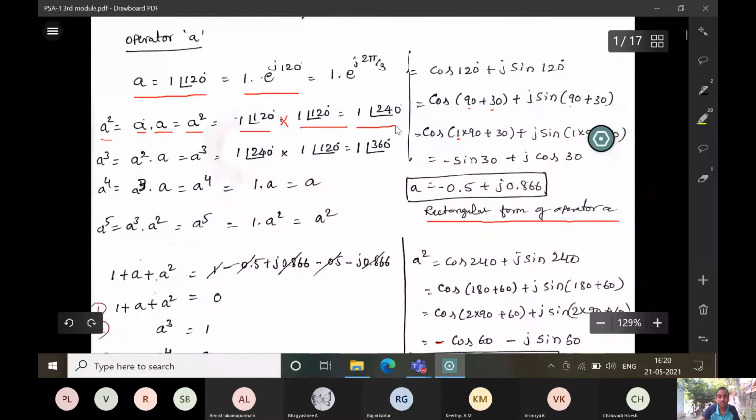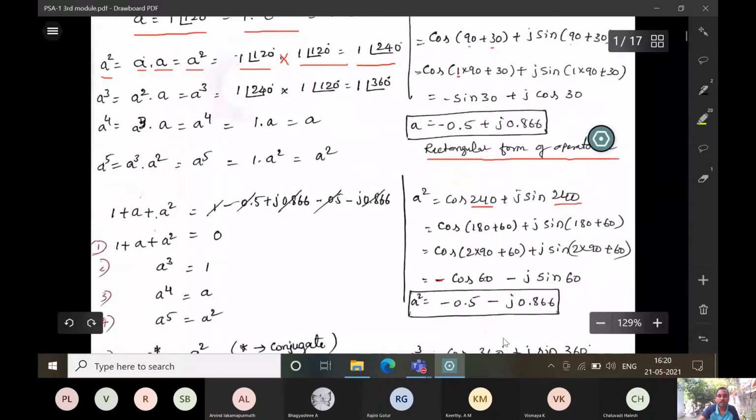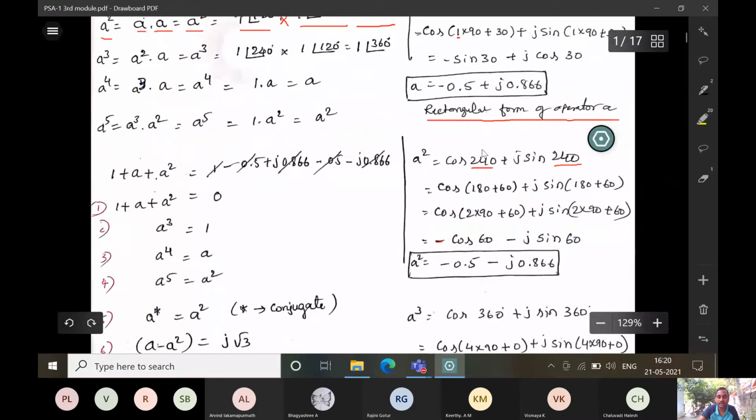Okay, so we can also write it as a square is equal to cos of 240 plus j sine of 240 degrees, in place of 120. So cos of 240 we can write as 180 plus 60. Here also 180 plus 60. So 180 can be written as 2 times 90. 2 is an even number, so cos will remain the same, it does not change, right?